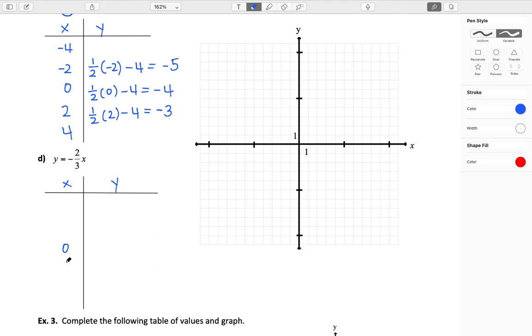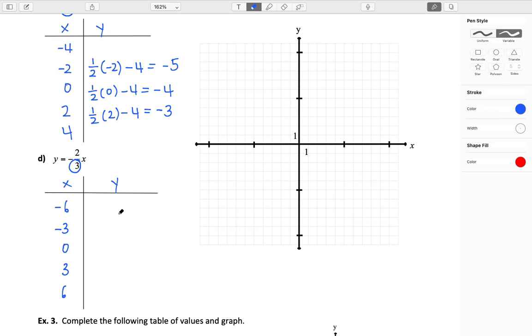So it will be 0, 3, and then 3 times 2 is 6, so multiples of 3, -3, and then the next multiple of 3 is going to be -6. Therefore, you will get a clean number instead of using -1, 0, and 1. So watch out for multiples when you are given a fraction for the denominator.